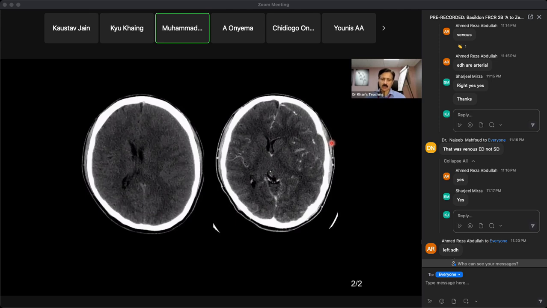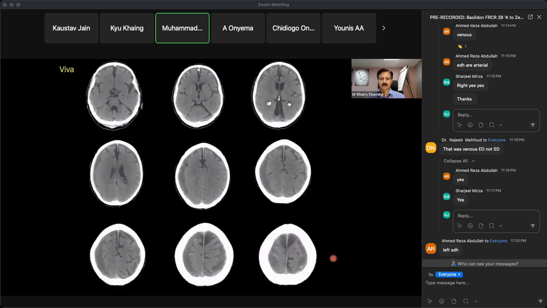The key thing here is look at where the gray-white matter junction is. Here the gray-white matter junction is displaced and there is of course midline shift. On the other side, you see this is the gray matter and this is the white matter, so the junction is normal. So this was only unilateral.